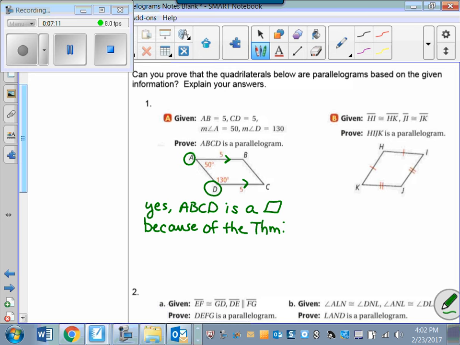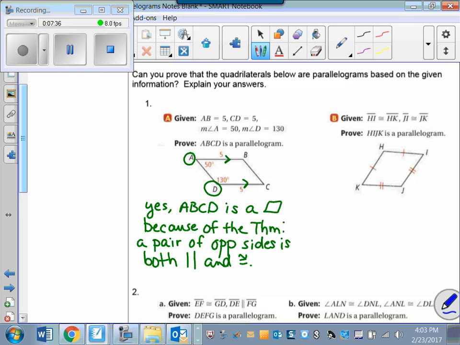Because of the theorem that says a pair of opposite sides is both parallel and congruent. That's how I know. I can prove it. I could write a 2-column proof if I wanted to do that.